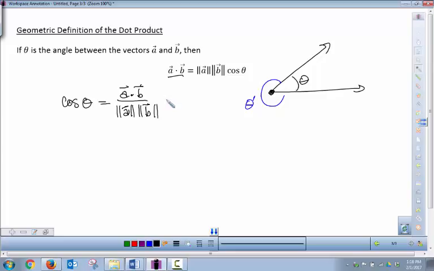So this geometric definition of the dot product becomes a little bit more handy when you need to find the angle between a couple of vectors. Or when you need to find an angle between 2 things, and if you can somehow define vectors that define those 2 things, then that's the angle that we're looking at.